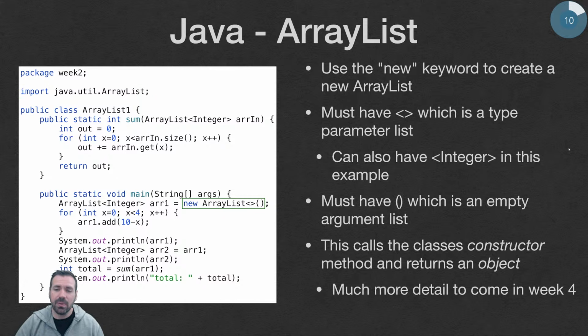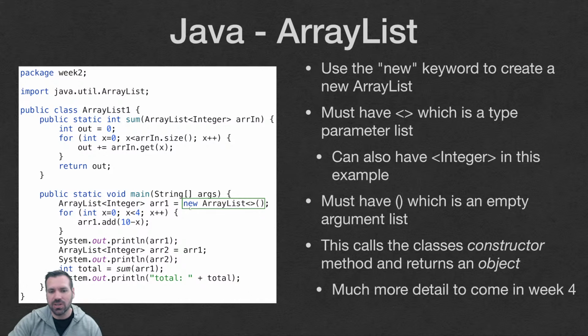And once we have our import, we can start using the ArrayList class. We're seeing this new keyword, which is new to us. The keyword new means we're creating a new object on the heap. We'll crack that open a lot more in next Tuesday's lecture about classes and objects.